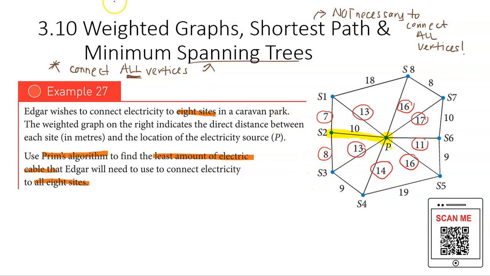So which one is the lowest value? Of course, it will be the 7 to S1. So I connect S2 and S1 already. So you always look for the lowest value.